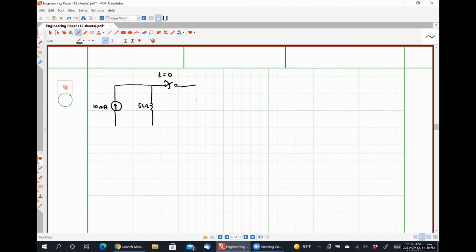Then we have a 6 kilo ohm resistor here. A 3 kilo ohm resistor here. A 25 millihenry inductor here.